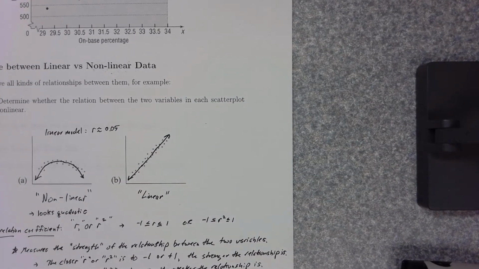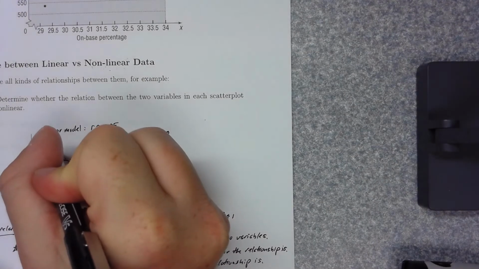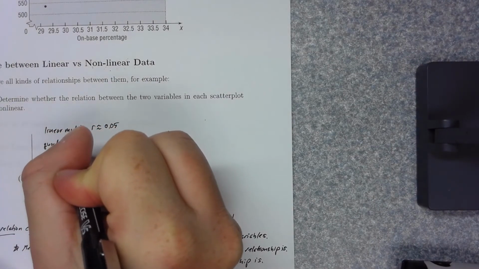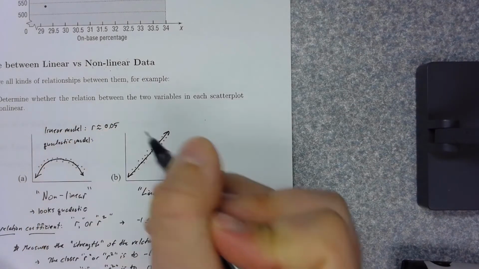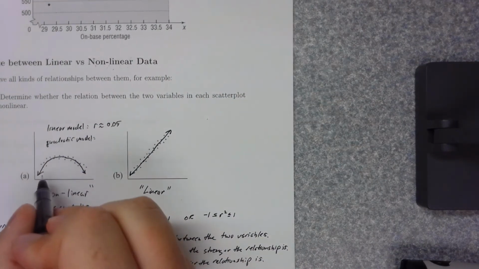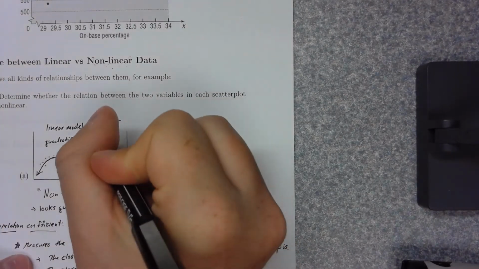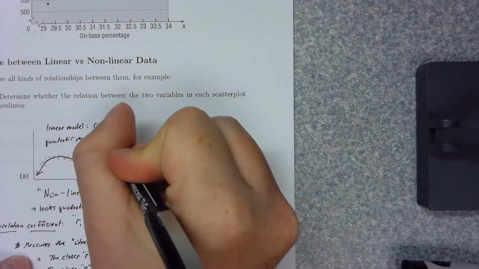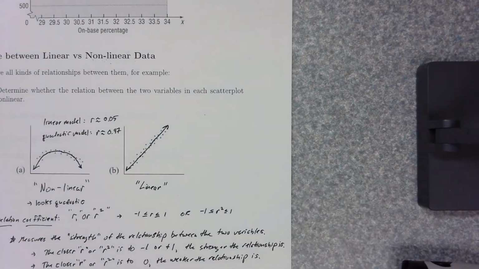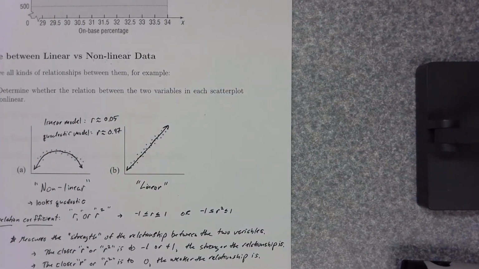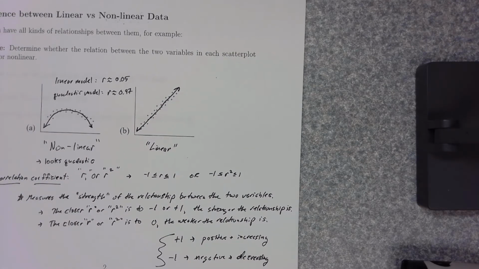But if you were using a quadratic model, which this thing looks very close to, your R value might be like 0.97. So that's what the correlation coefficient measures.